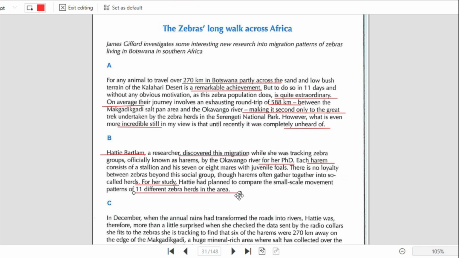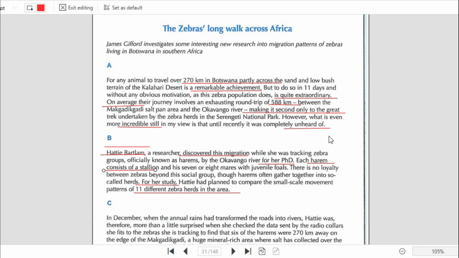So now let's divide it. In the first part, they are telling that this particular person discovered this migration while she was doing her studies, and it was for her PhD. Then it is mentioned that this herd consists of this, and there is no loyalty between these animals. And for her study, she did this for her studies only.